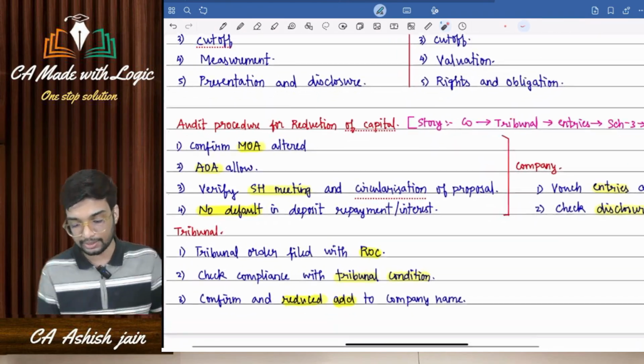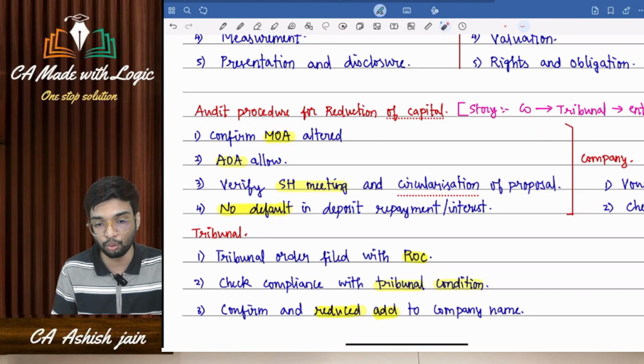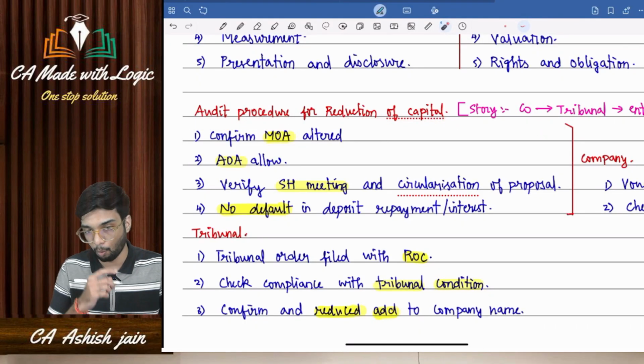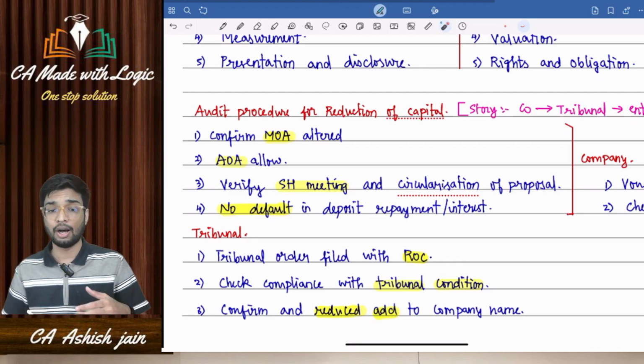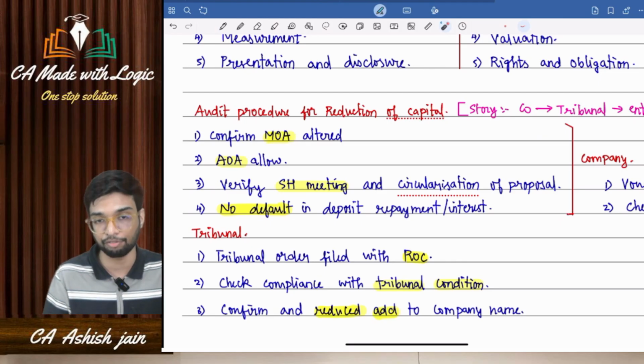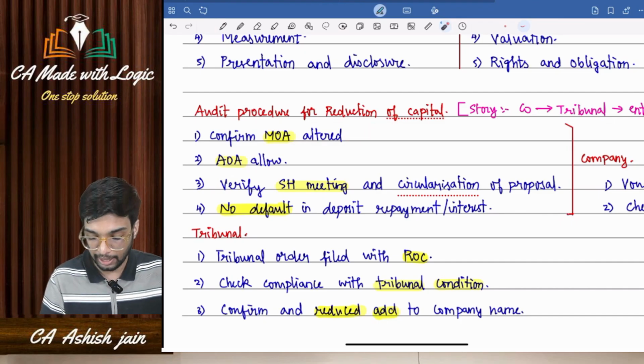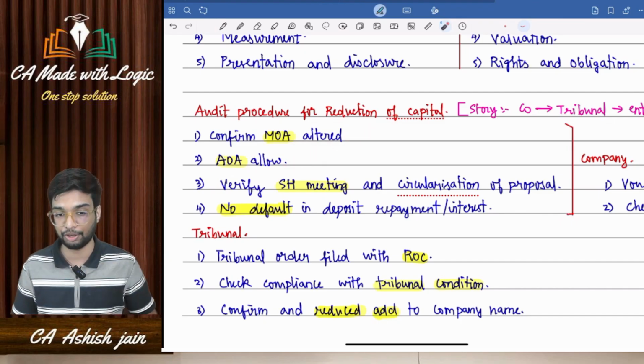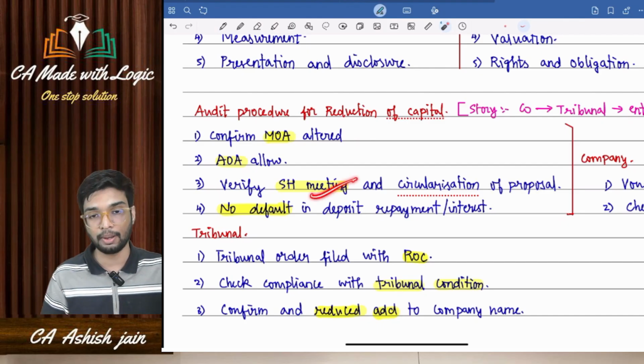So what is the audit procedure the auditor has to follow for reduction of capital? What things does the auditor have to verify? First, the auditor will confirm that the MOA and AOA allow the reduction of capital, and verify the shareholder meeting.